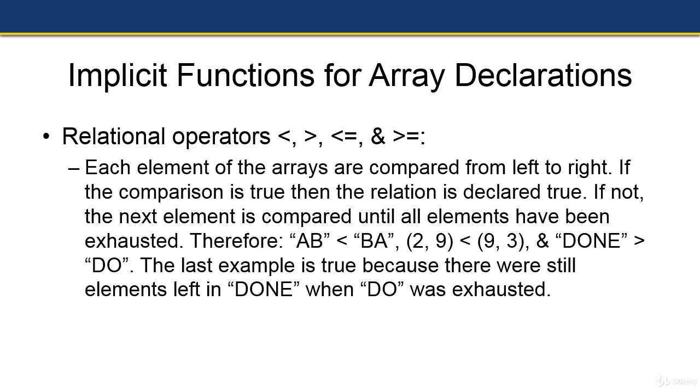AB is less than BA because A is less than B. 2, 9 is less than 9, 3 because 2 is less than 9. And DONE is greater than DO. The last example is true because there were still elements left in DONE when DO was exhausted.